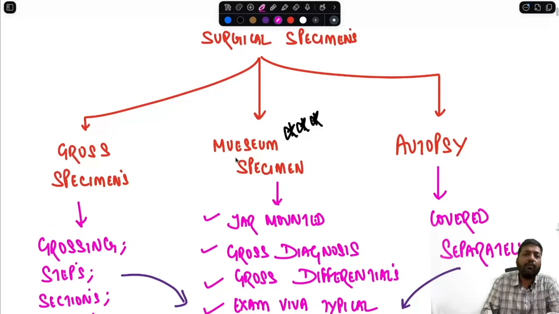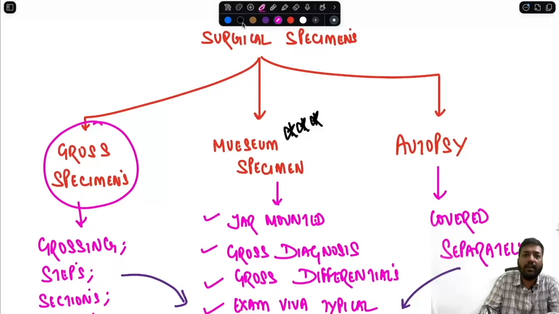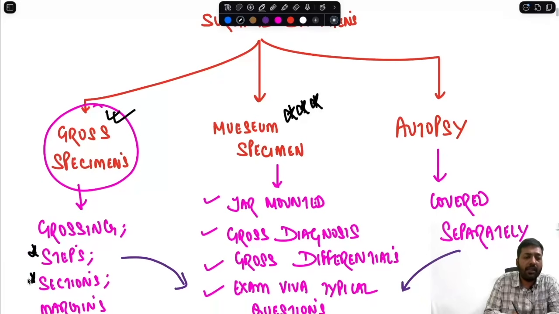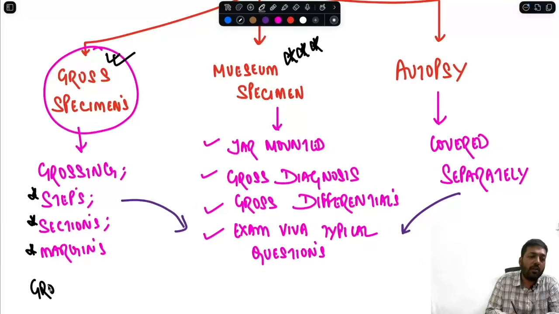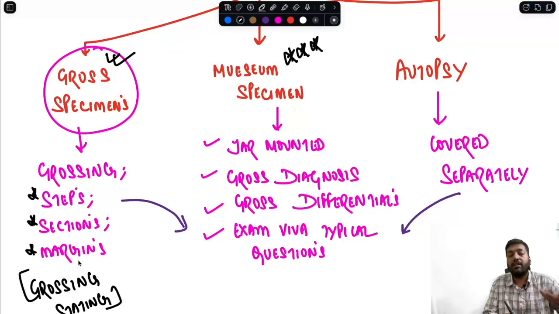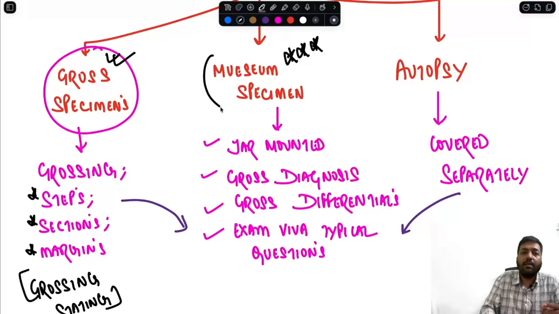The first way of questioning with regards to the gross surgical specimens is the core grossing: what are the steps of grossing, what are the different sections that you will give, what margins you are going to take, what are the fixation methods, etc. All these questions are usually asked to you in the grossing station, wherein your different stagings might also be asked. Now the second important thing is the museum specimen.